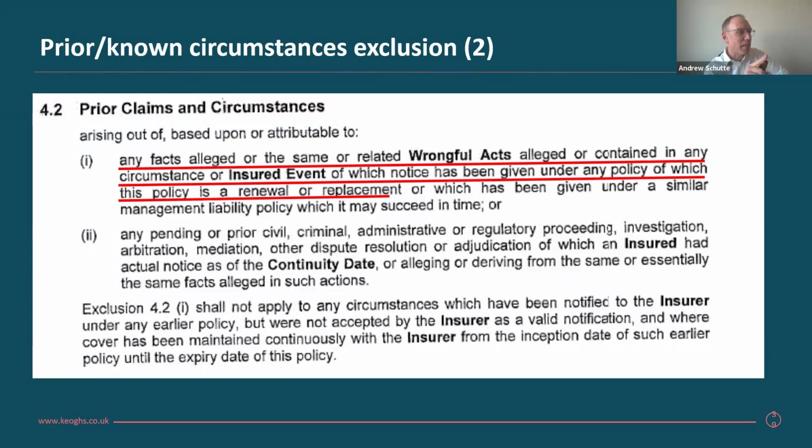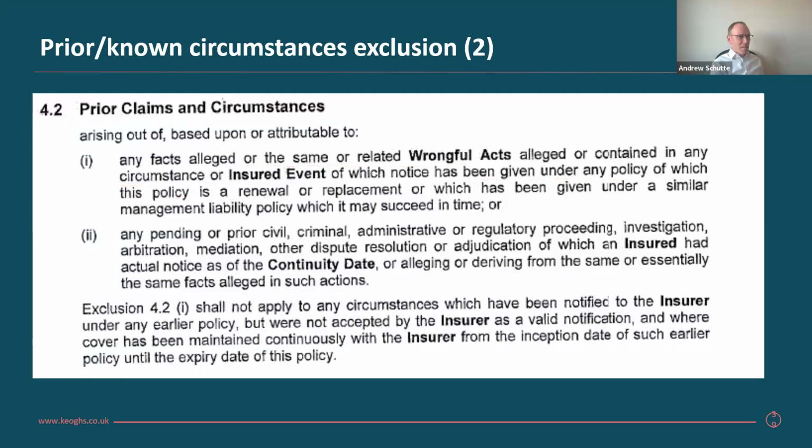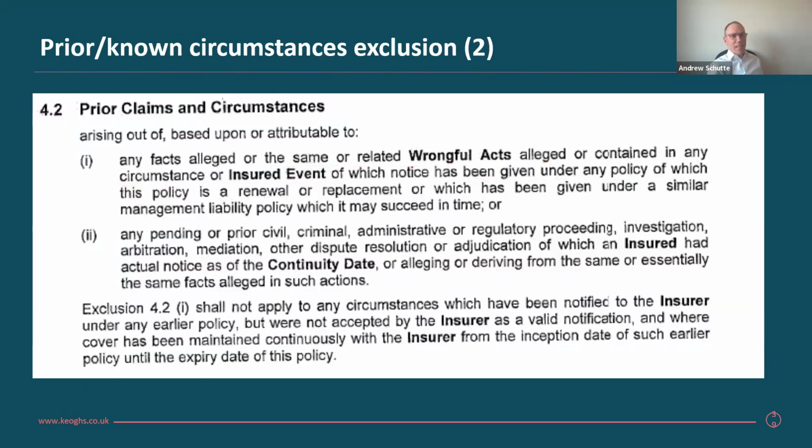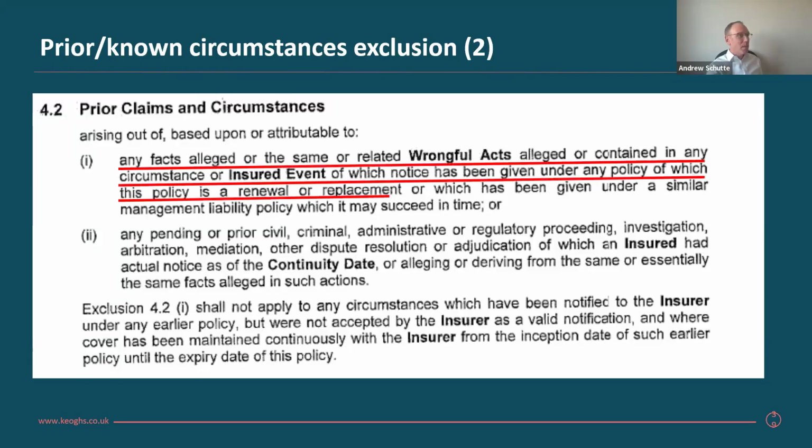This is just going back and excluding facts that are the same or the related wrongful acts alleged or contained in any circumstance or insured event where notice has been given under a prior policy. So that bit there is just the B. There isn't an equivalent exactly of an A there. So it's more generous cover in that respect. Then it goes on to do some other things which we don't need to dwell on.